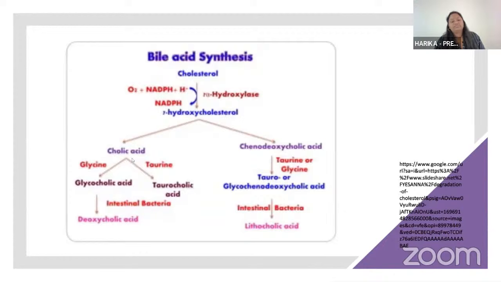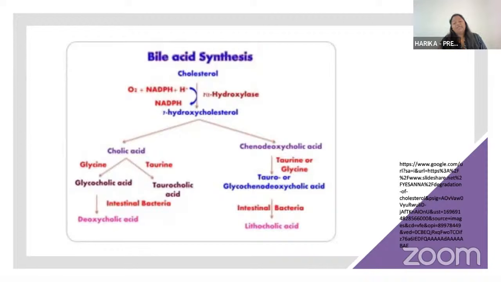On conjugation with glycine, cholic acid converts into glycocholic acid, and with taurine, cholic acid converts into taurocholic acid. In the presence of intestinal bacteria, glycocholic acid converts into deoxycholic acid.